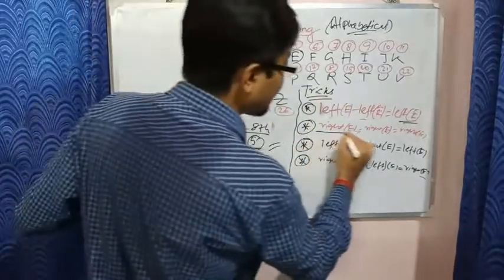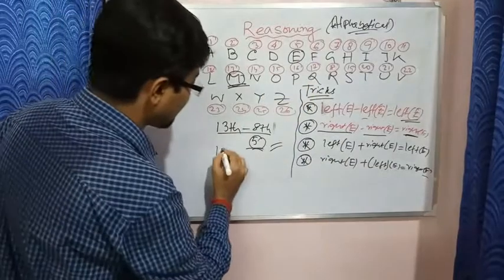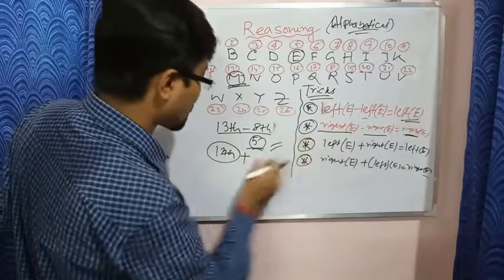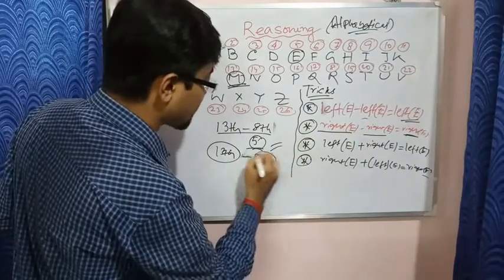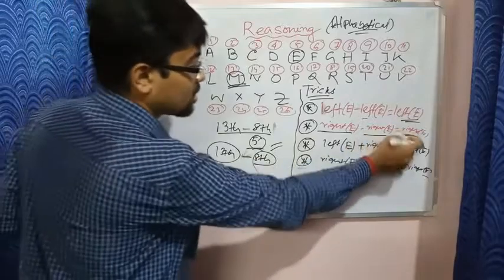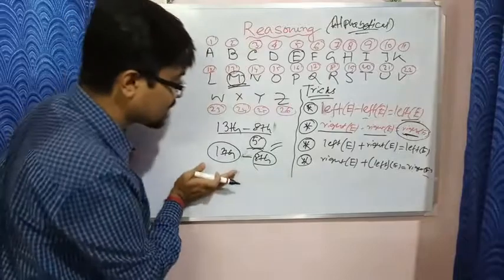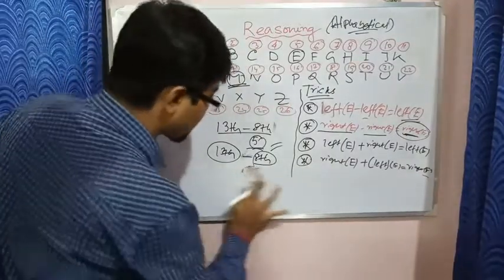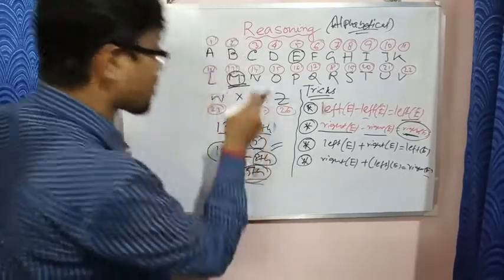Now next, right element minus right element is equal to right element. Suppose 13th element from right minus 8th element from right. The rule says right element, so 13 minus 8, the fifth element, and this fifth element is from the right side.